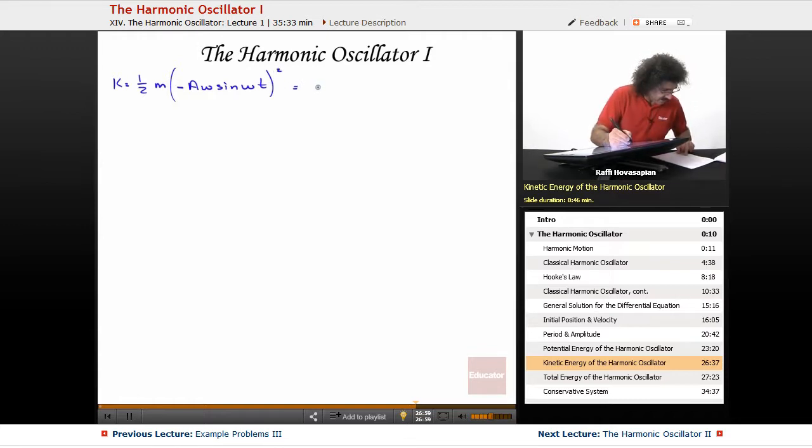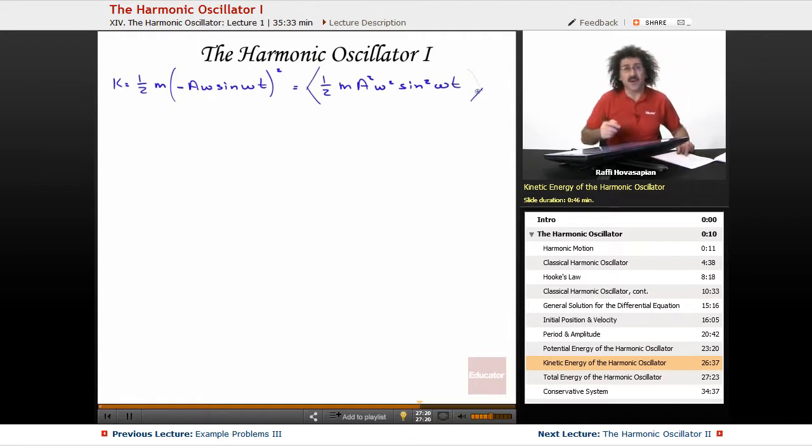So the negative squared cancels out, and we end up with 1/2 m A squared omega squared sine squared omega t. This is our kinetic energy of the harmonic oscillator.